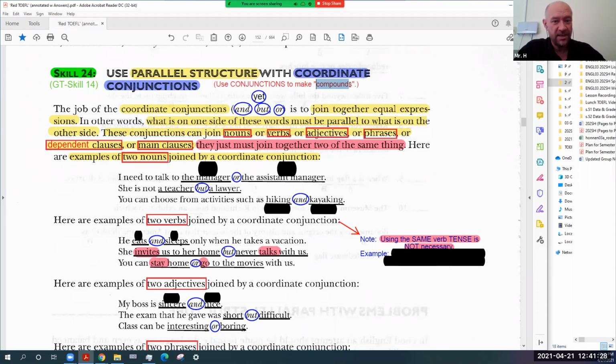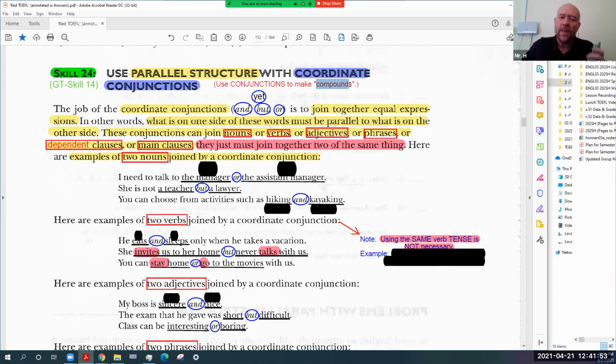You understand? Yeah. Yes. So in my first example, Mr. A and Mr. H, it's a compound subject. Okay. When I say Mr. H wakes up, takes a shower, and goes to work, that's a compound verb. You understand?